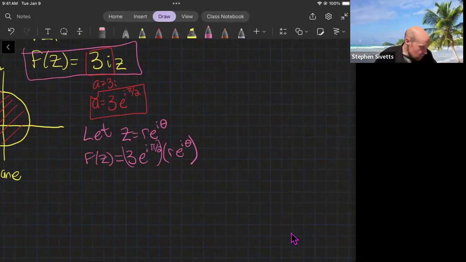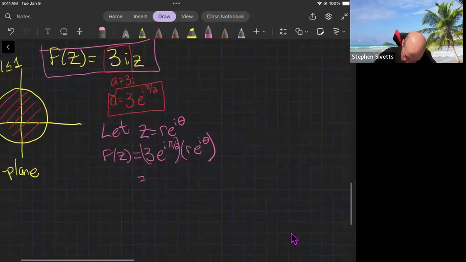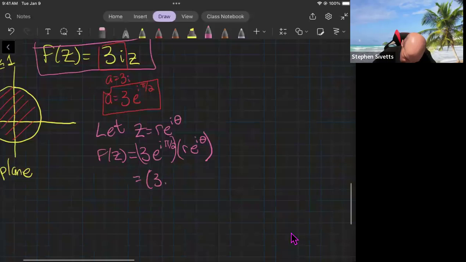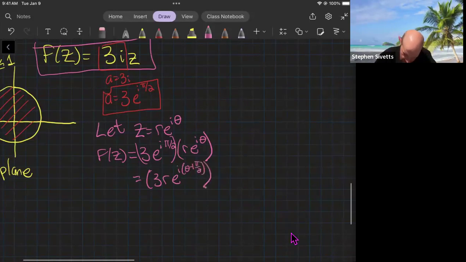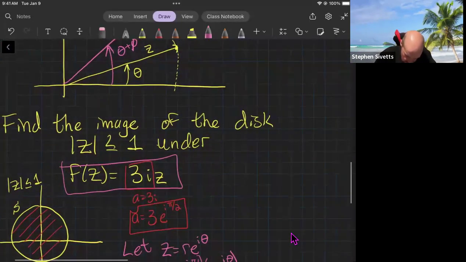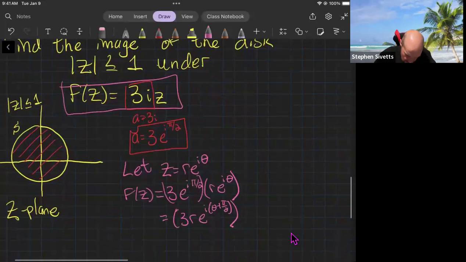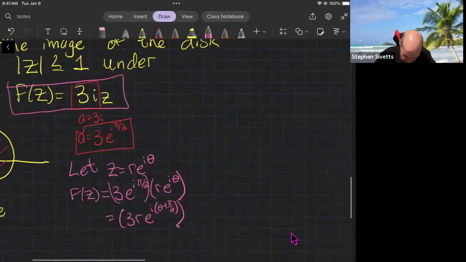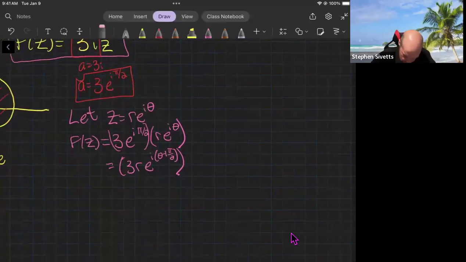Really it's just 3 times r times e to the i times theta plus pi over 2. Okay. So S is the unit disk, and all the points that are inside the unit disk, so the radius will always be less than 1.